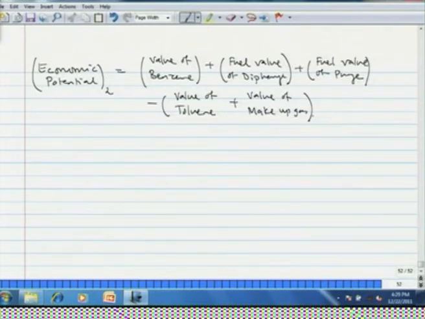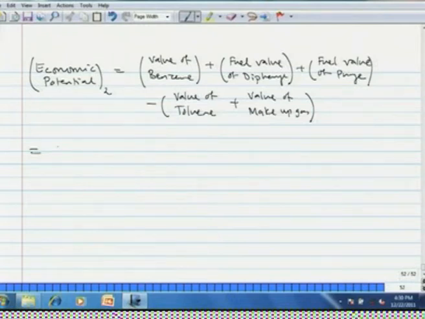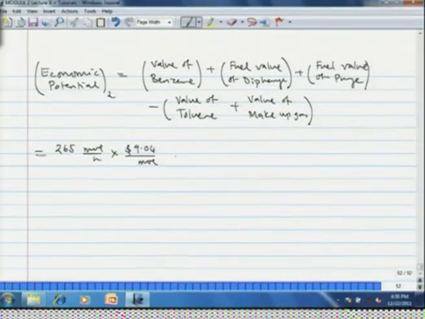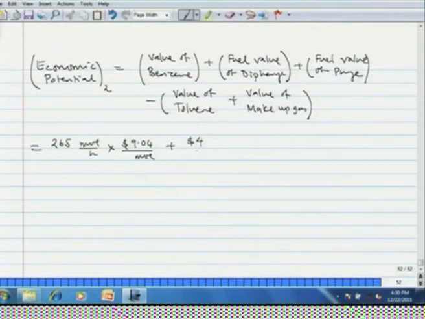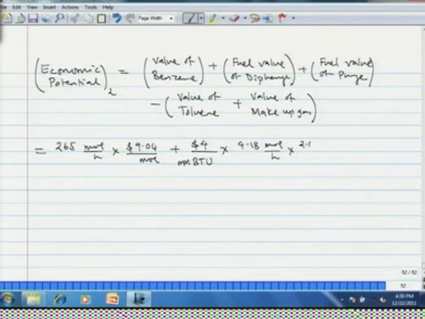Now if you put all values here, the value of benzene is 265 mole per hour into $9.04 per mole, fuel value of diphenyl, that is 4.18 mole per hour into its fuel value 2.69 MMBTU per mole.